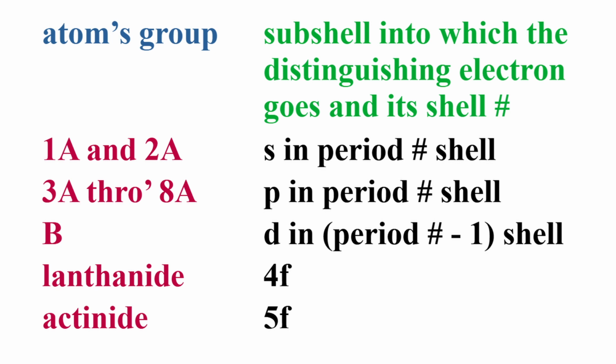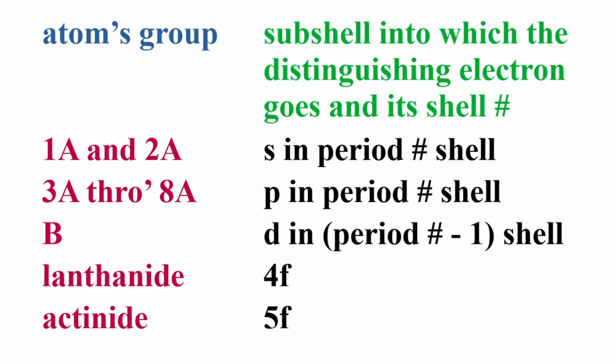The long form is based on which subshell the last distinguishing electron in an atom goes into. Thus, one can separate the periodic table into blocks of atoms or elements. Groups 1A and 2A constitute the S block elements or atoms.